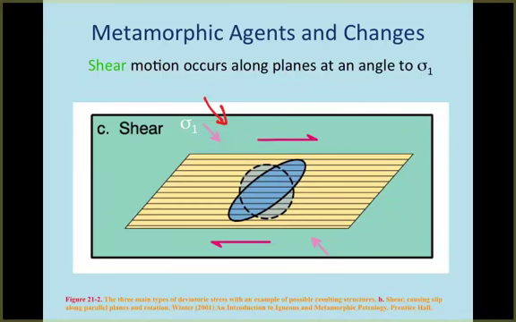And that's denoted by these arrows here that show that the top is being sheared to the right, the bottom is being sheared to the left, and where you've started with a circular mineral, you end up deforming it and shearing it in a particular direction. So that tells us something about the kind of deformation, and this is also called non-coaxial. And I'll explain this in the next slide.